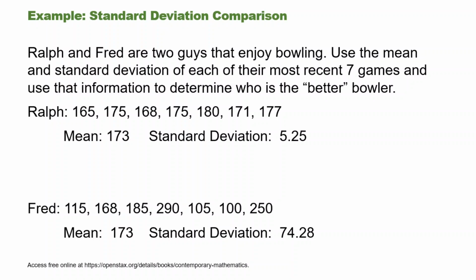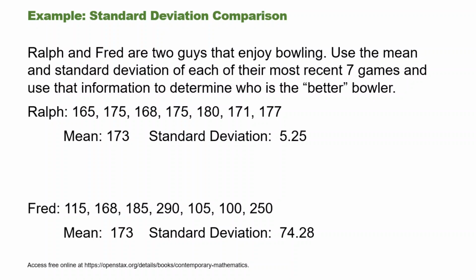So if we ask ourselves who is the better bowler, the mean is not the only piece of data that tells us something. Both have the same average score. Their typical game looks like it could be 173. So in that aspect, they are the same. However, the standard deviation tells us something different.